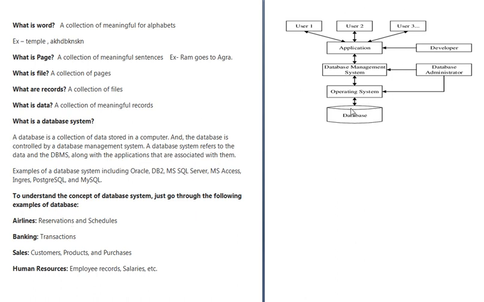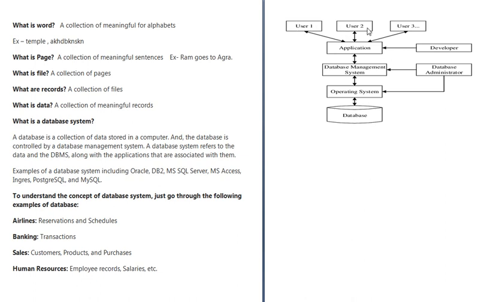This is the diagram. You can write this in your university copy if somebody asks what a database system is. Basically, the database is managed by two kinds of people, the developer and the database administrator.